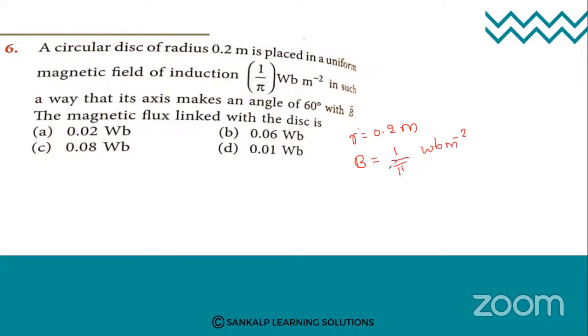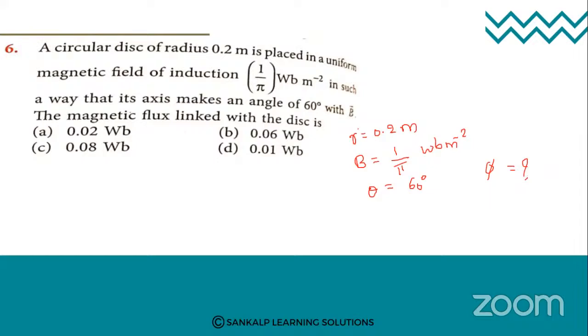So magnetic field induction, you can write in Tesla also, you can write in Weber per meter square also. In such a way that its axis makes an angle of 60 degree with B. The magnetic flux linked with the disk is?